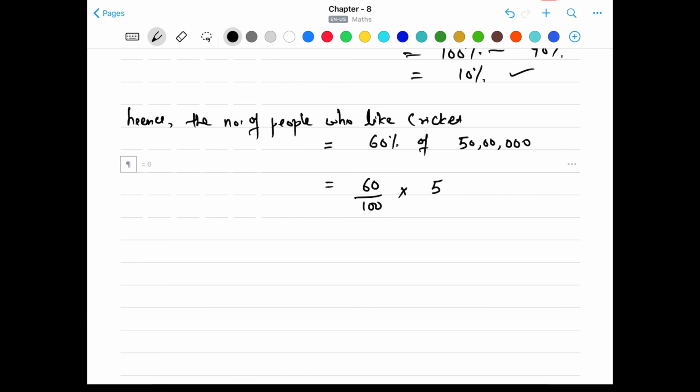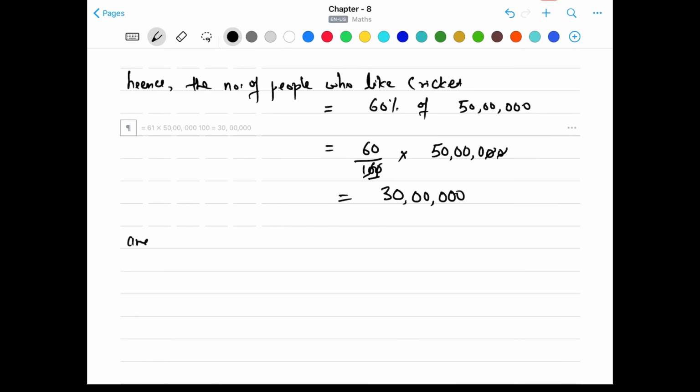This 'of' means multiplication, 50 lakh. So these 2 zeros will cancel out the 2 zeros here. What remains is 6 into 5 is 30, and the zeros, 30 lakh.